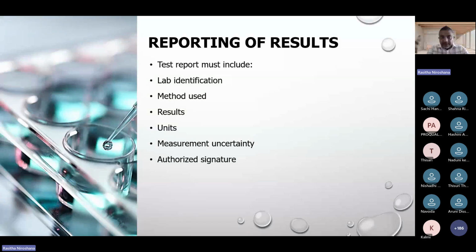You can remember that example, instead of micro filters, they used filter papers. That change has to be stated, along with the results and units, uncertainty factors, and authorized signatures. Those are the key areas you need to identify.